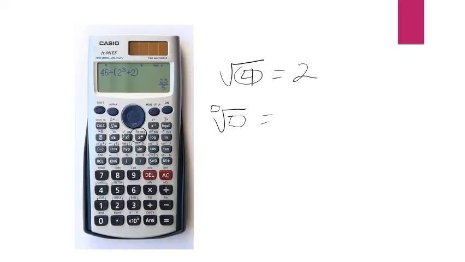If we wanted the fourth root of 81, we would push that button, we would put a 4 in here and an 81 here, and we would get the answer 3. And what that tells us is that 3 to the 4th power equals 81. Some of these you may know, especially when it comes to cubes, but a lot of these you won't, so your calculator is very useful for this.